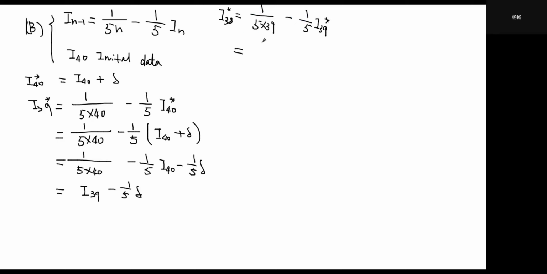Similarly, you get I39 minus 1/5 delta, and you rearrange this one.